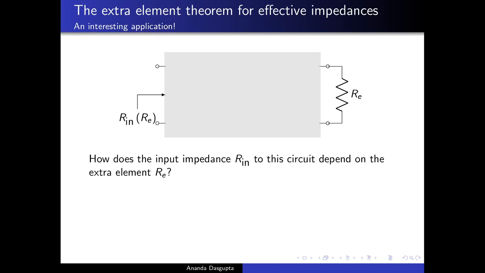So how do we do this? We will find later that there is a very nice final result, which is what the extra element theorem, at least for this particular case, tells you about. However, let's just proceed by using what we know, by using Z parameter equivalent circuits.